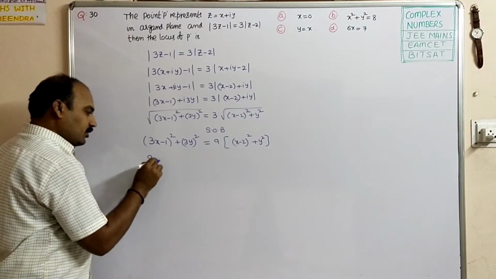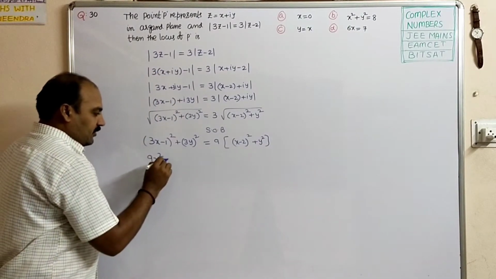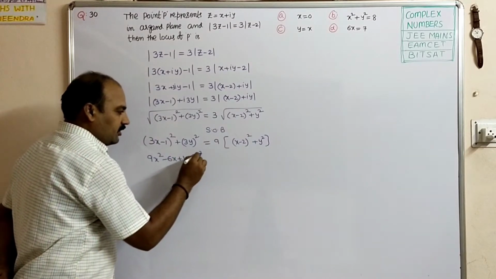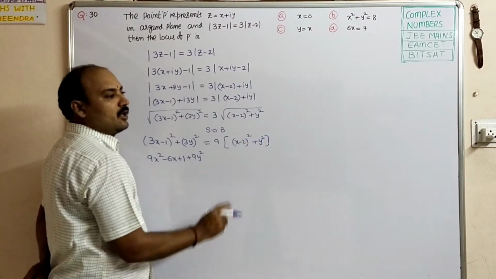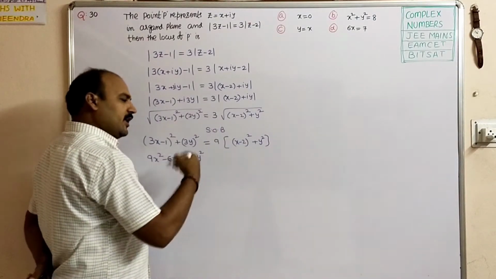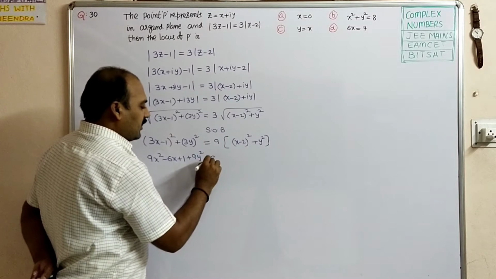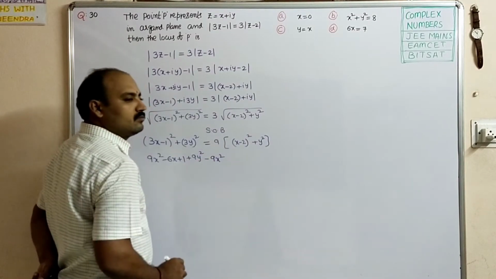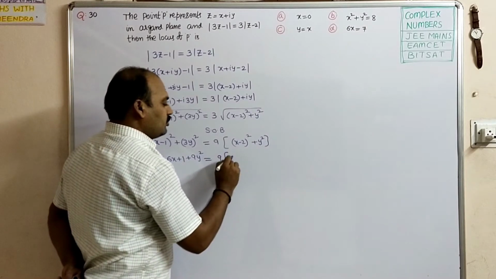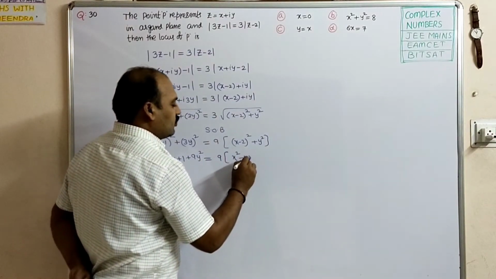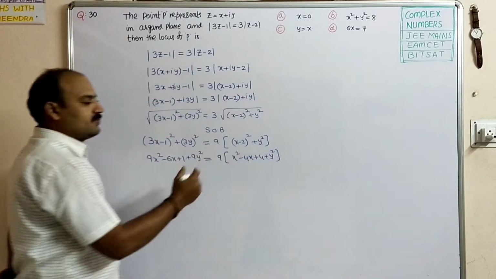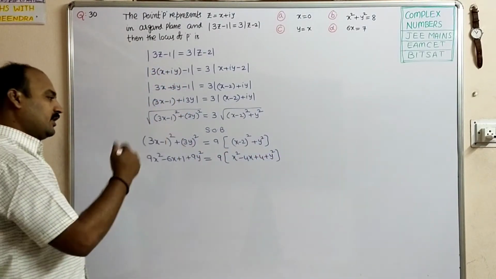So 9x square minus 6x plus 1 plus 9y square. Each and every time we multiply by 9 with this expansion, and we are taking the minus 9x square directly, otherwise some people are not able to understand. So 9 into (x square minus 4x plus 4 plus y square): each and every term of this bracket is multiplied by 9, and we take the sign.